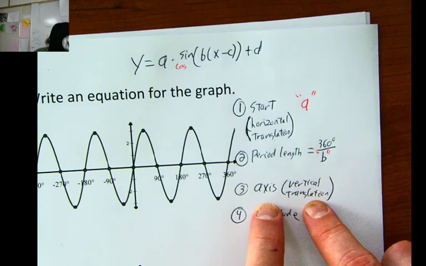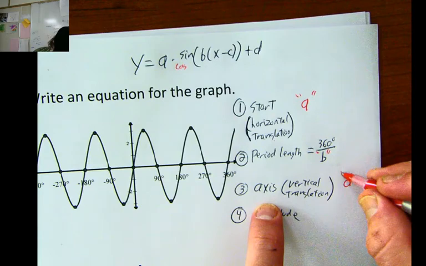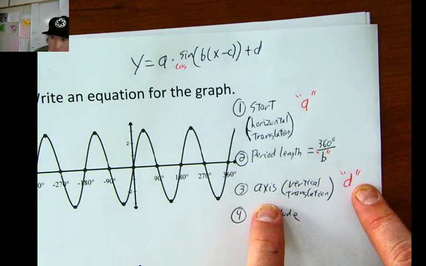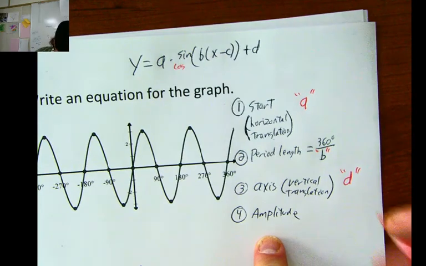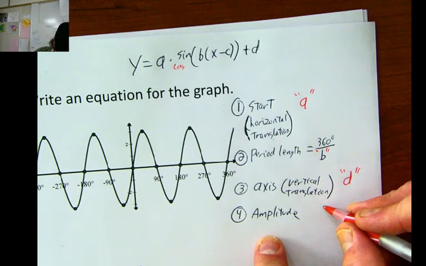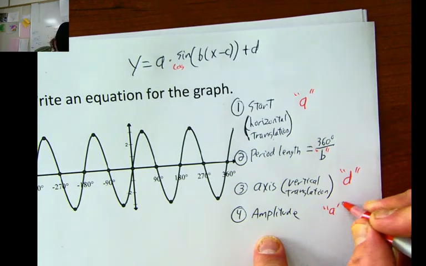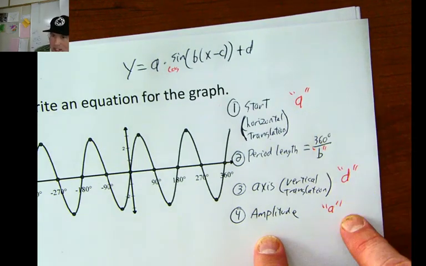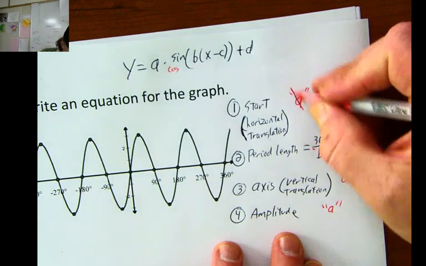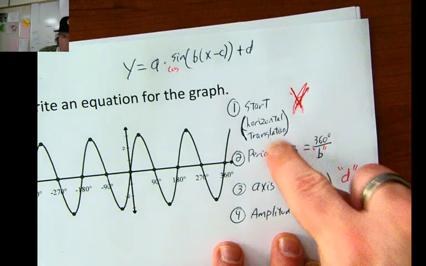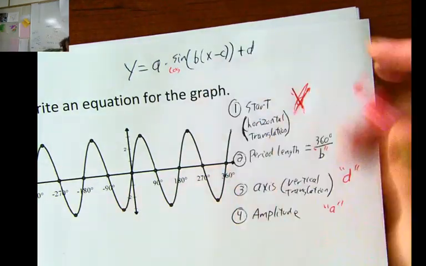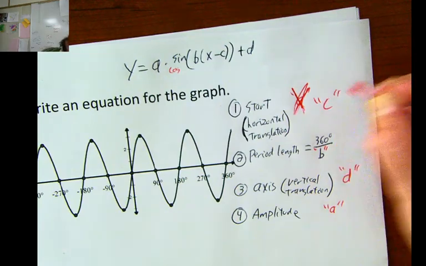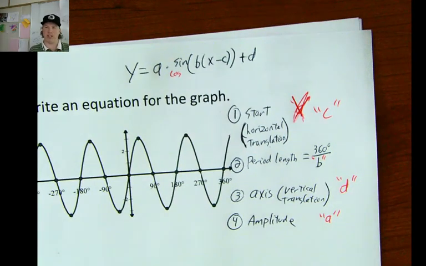That gives me my vertical translation, essentially D. And then once I know what the axis is, I can count up and count down, and that'll give me my amplitude, which is A. And wait a minute, if I did A twice, that means Elliot screwed up. The start, the horizontal translation, that's the C right here. That tells us what the horizontal translation is.